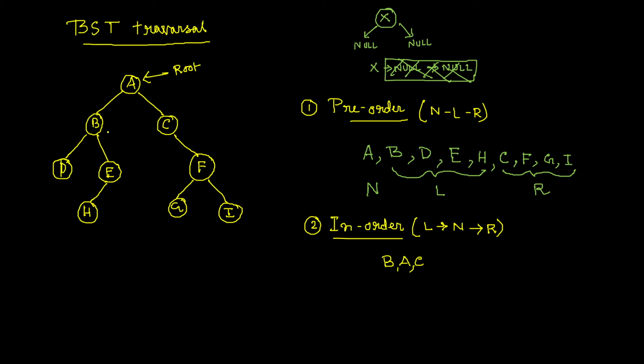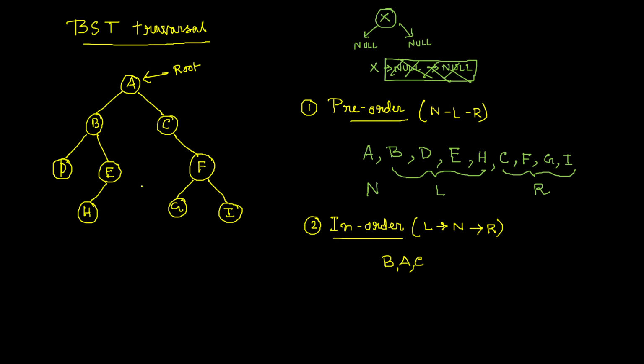Now if B is the parent, then you cannot print B before printing its left child, if it exists. And we can see that the left child of B exists, that is D. So before B, I must print D, because if you consider only these three as part of the tree, the order between B, D and E should be D first, then B and then E.